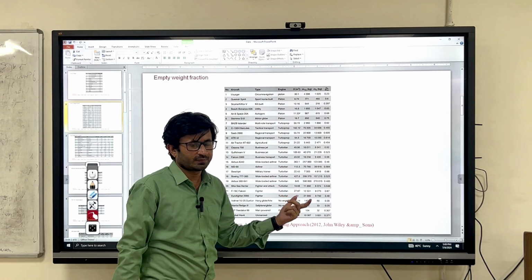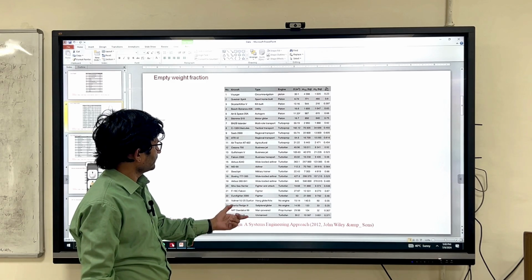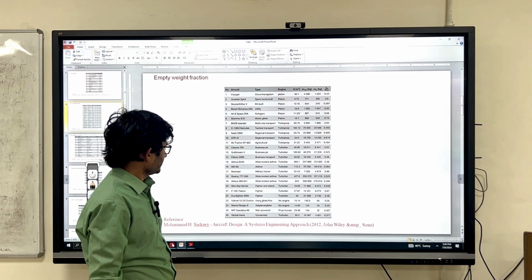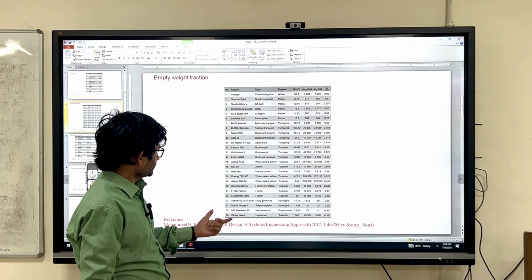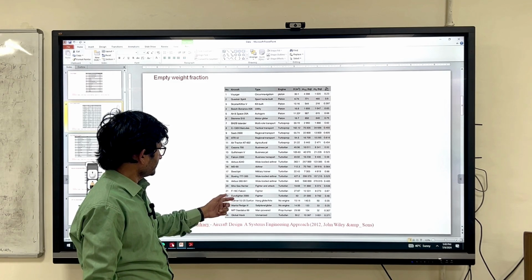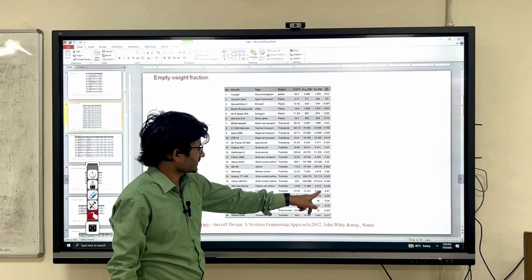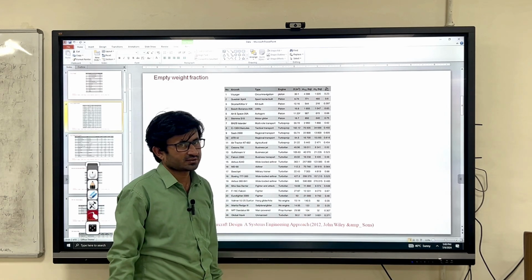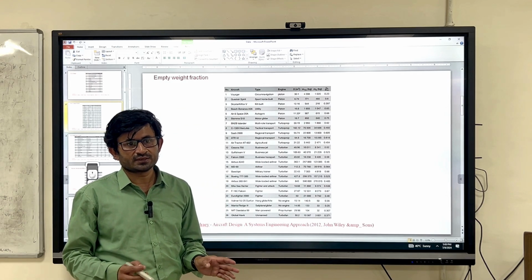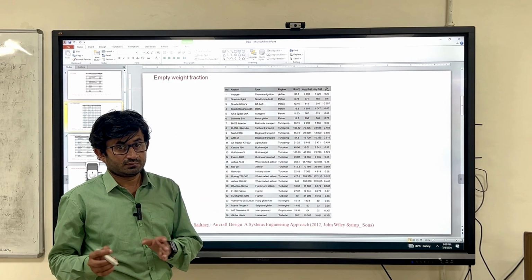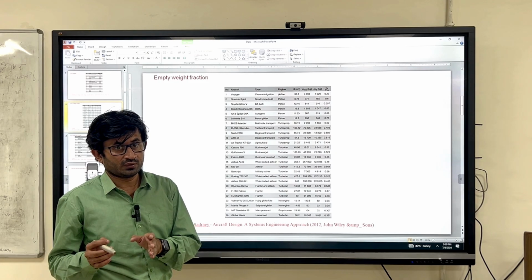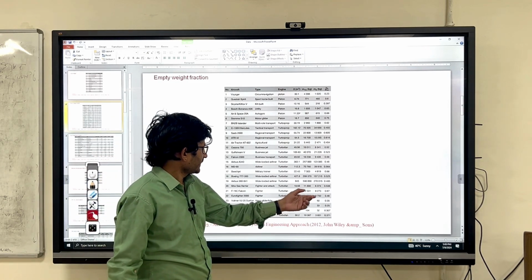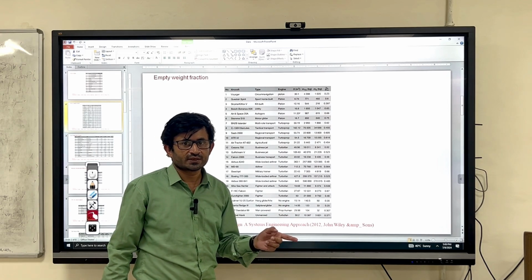Many empty weight fractions are listed here. You can see that in fighter aircraft there is also a 67% empty weight fraction. That means the part taken care of by the payload, fuel and crew will be less compared to all the other weights, power plant weight and structure weight.